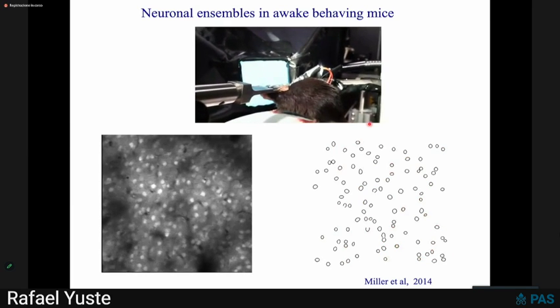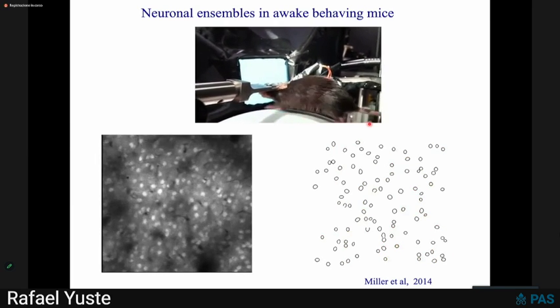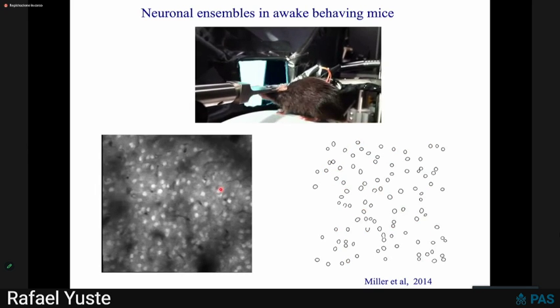He's awake and behaving, and simultaneously here on the bottom left, you can see the raw movie of the fluorescent calcium signals from individual neurons. Every one of these dots is a neuron. And on the right side, you can see the analyzed version of this movie.